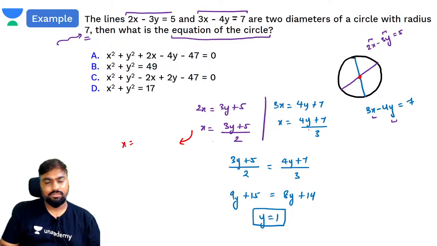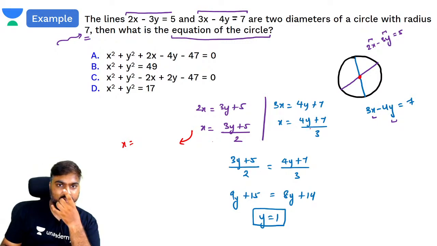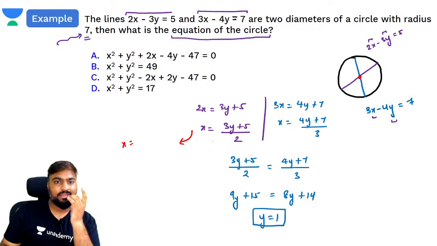What is coming here? Why is it different in both? Something wrong with the equation? y equal to 1 here. Something fishy.